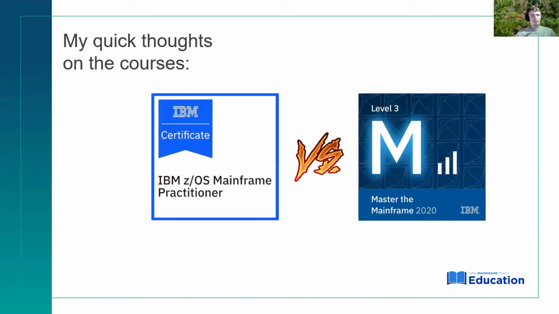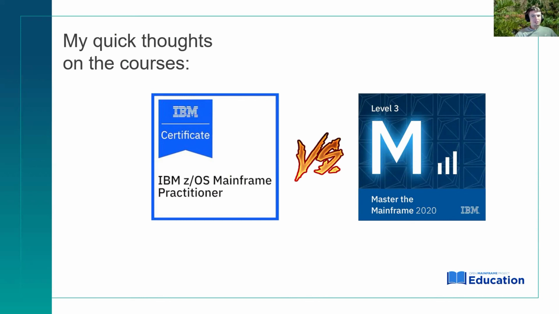My quick thoughts on the courses. Overall, I found the Master the Mainframe courses to be the more enjoyable introduction to the mainframe. MTM has students using the Open Mainframe Project's own Zowe Explorer via VS Code, while the IBM z/OS courses use a z/OS terminal via virtual machine.